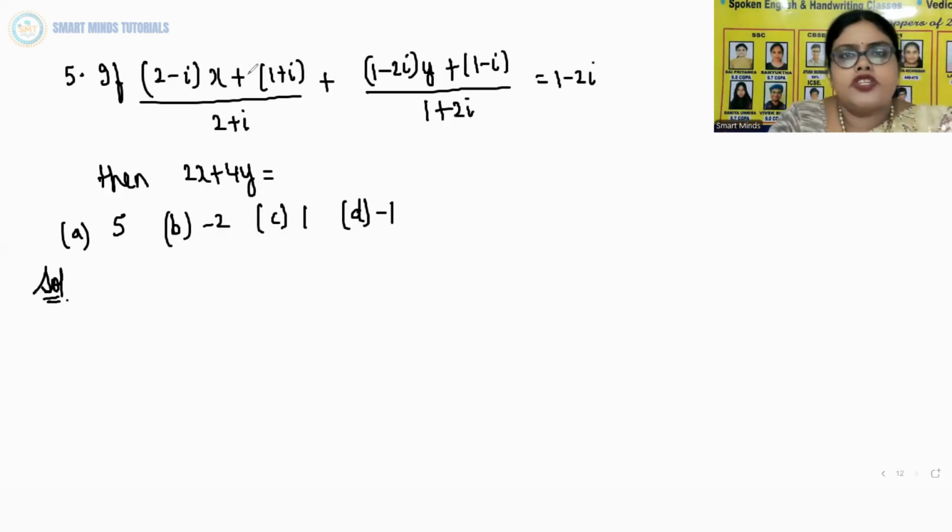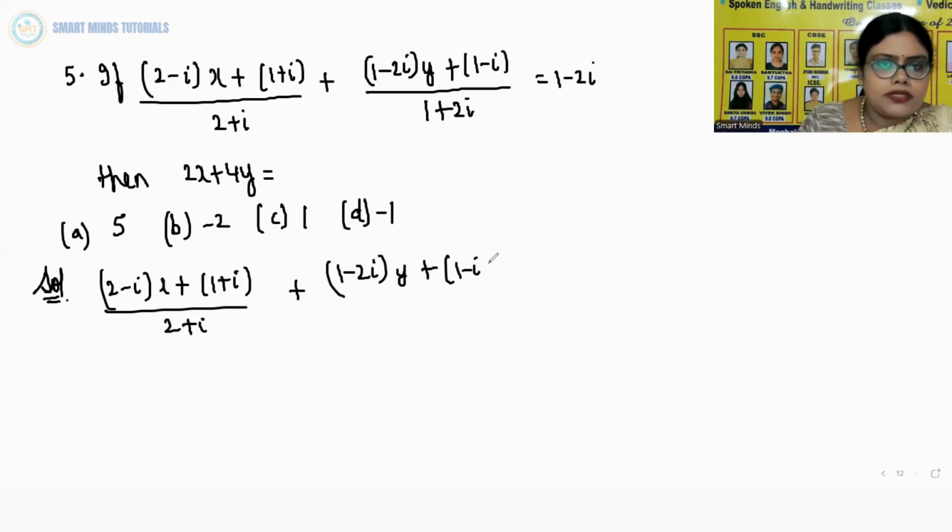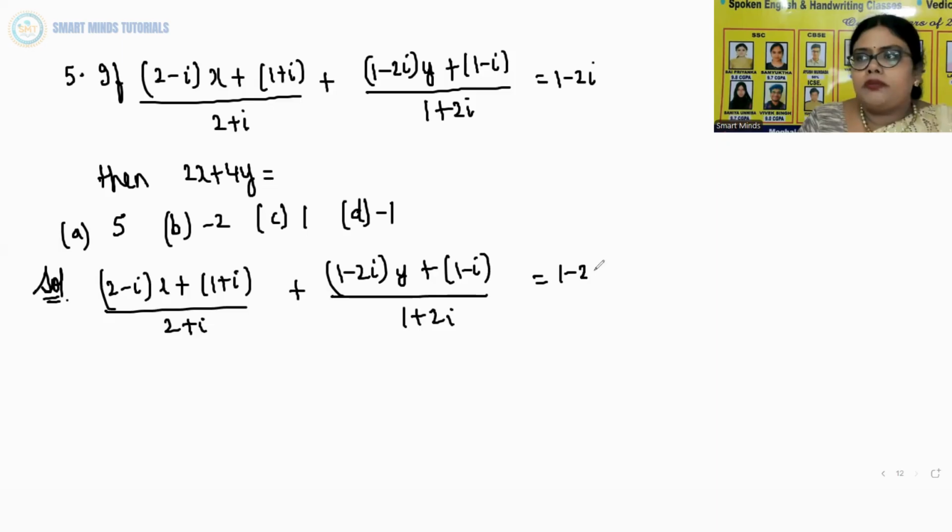Now take the next question. If this is the given expression, then we need to find out 2x plus 4y. So first we will take that expression: (2 minus i) into x plus (1 plus i) by (2 plus i) plus (1 minus 2i) into y plus (1 minus i) by (1 plus 2i) equals 1 minus 2i.